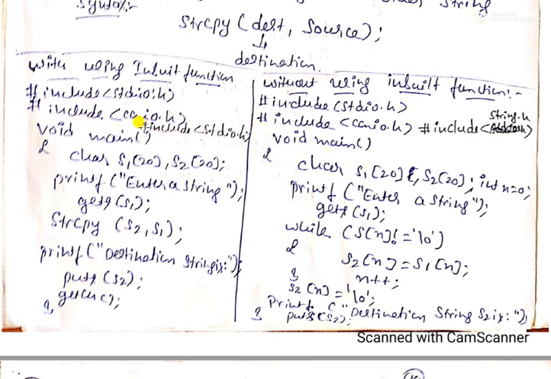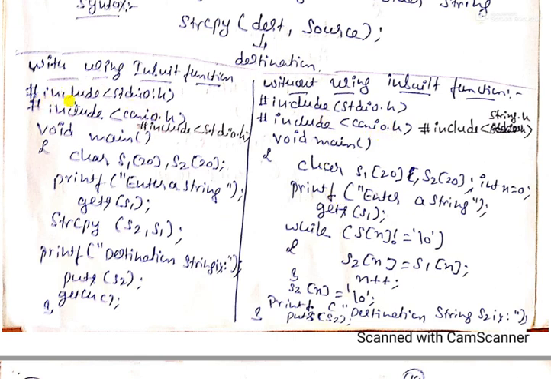Here we see there are two programs. In the first program we are going to write a C program to copy one string value to another string using an inbuilt function. The second program is without using inbuilt functions; we are going to copy one string value to another string.